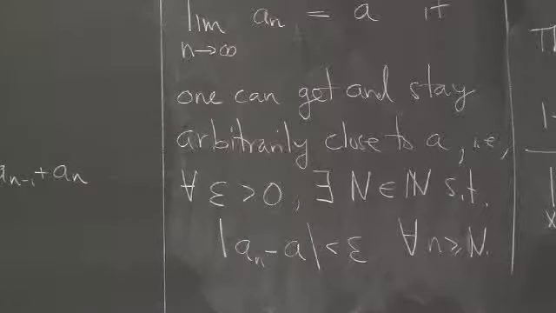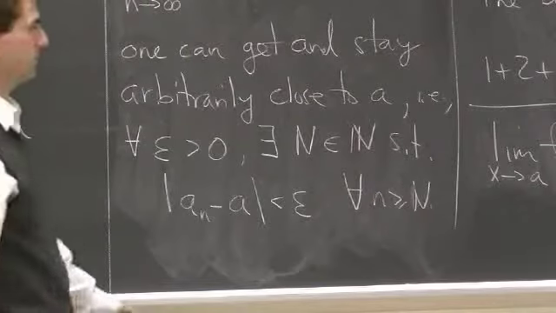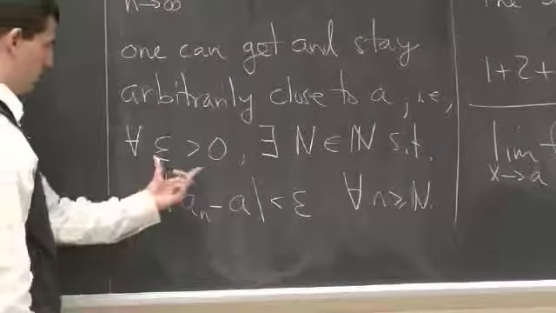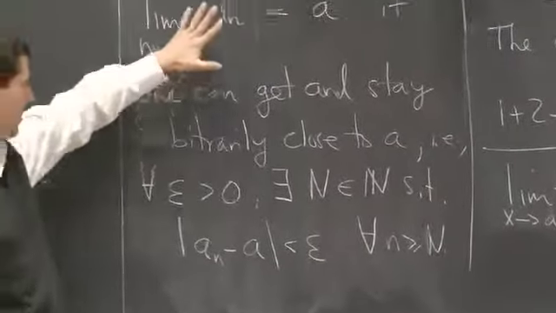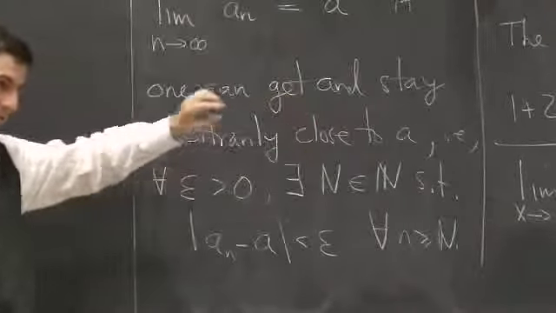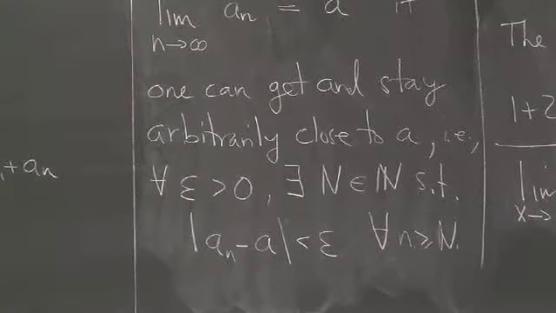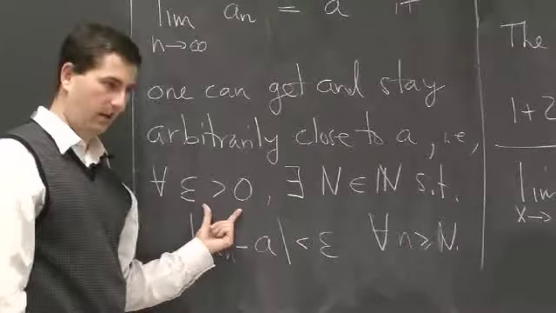Now I have to explain this. You should always explain yourself. My definition was supposed to be that I can get and stay arbitrarily close. So this epsilon greater than 0 is my way of translating arbitrarily close.